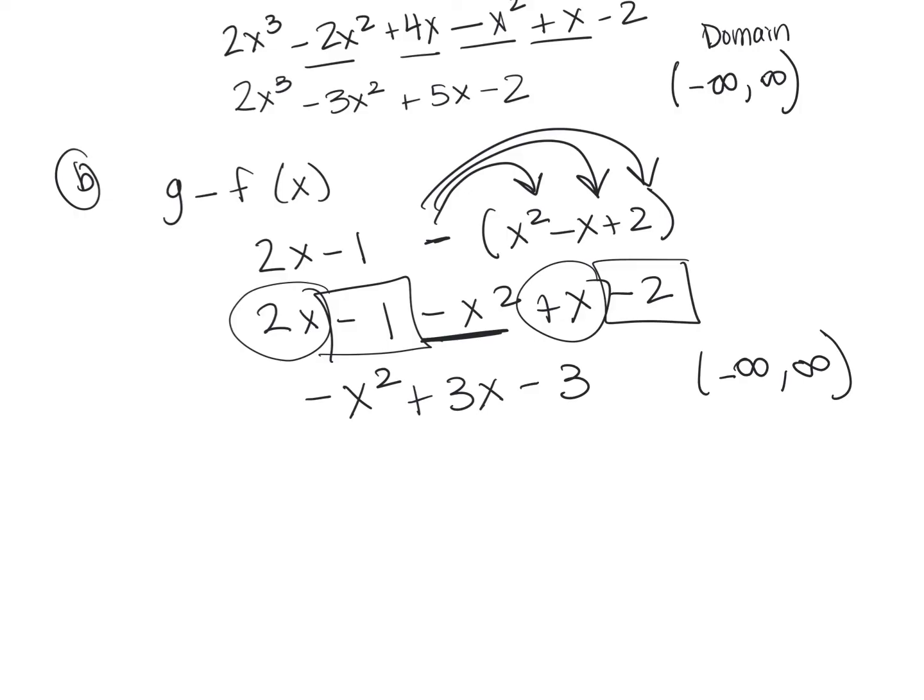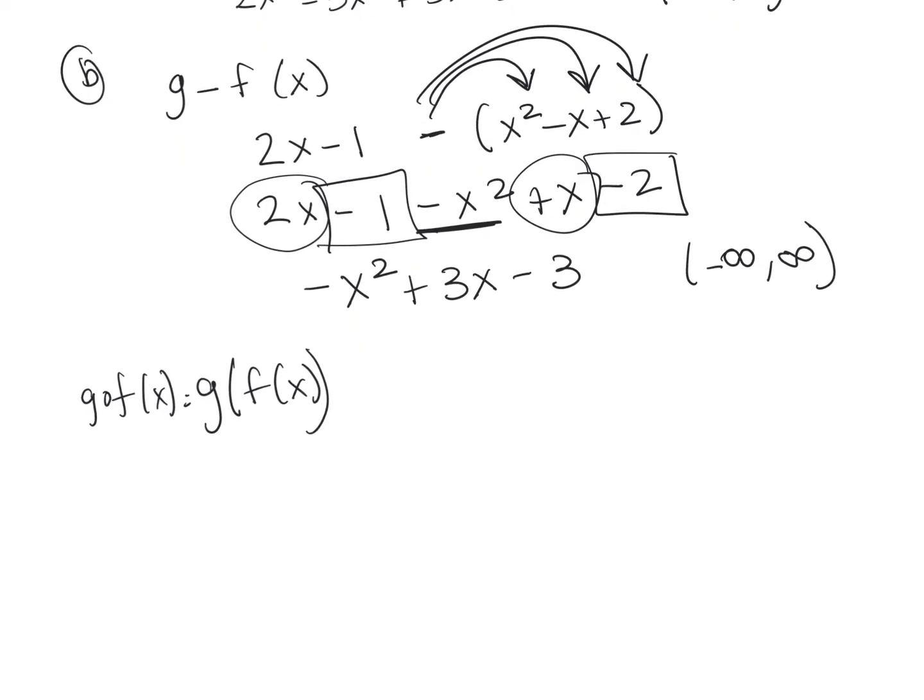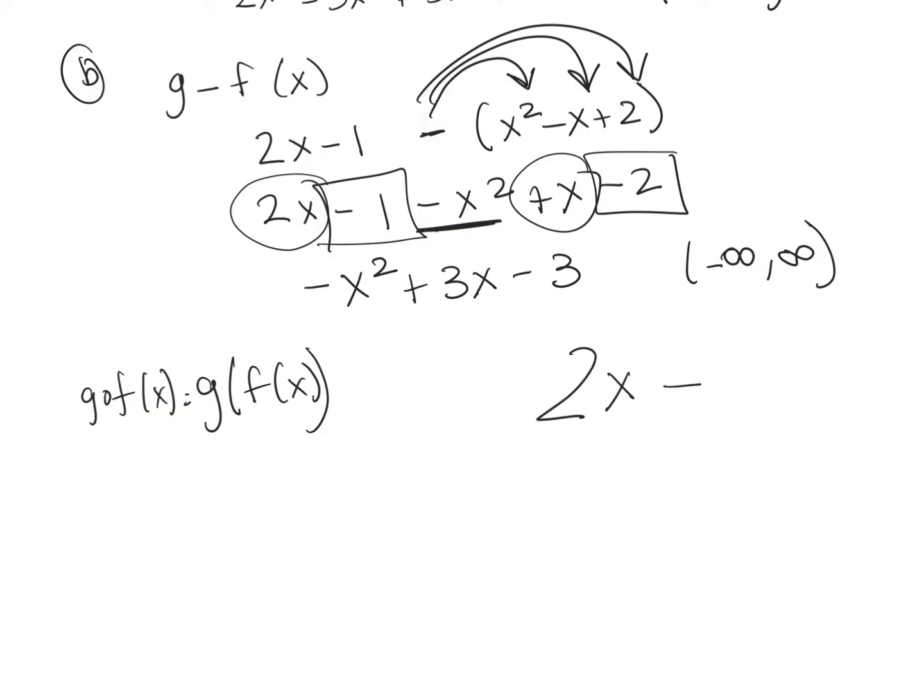And now we're going to take g of f of x, which means the same thing. Those are the fun ones. Here's my g. Anywhere I see an x in g, I'm going to put f.